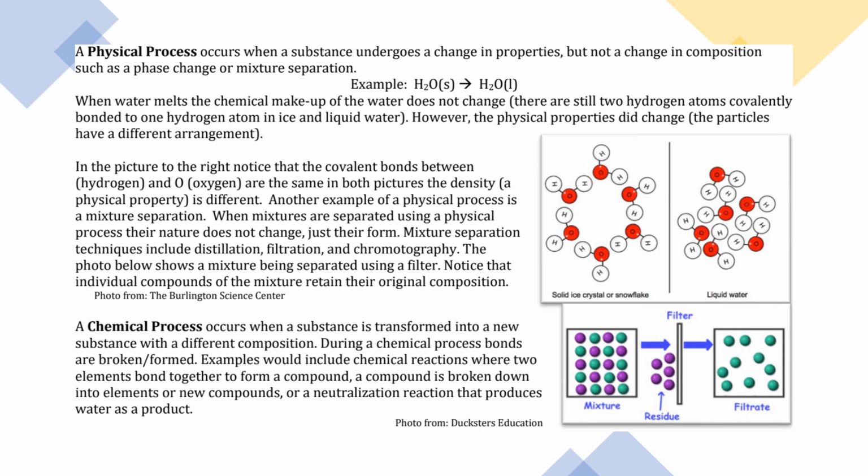You have H2O, solid versus liquid. So when water melts, the chemical makeup does not change. The intramolecular bonds or forces stay the same. It's just that the intermolecular forces are the ones that are broken. Intra stays the same because it's within the molecule. Inter is between.